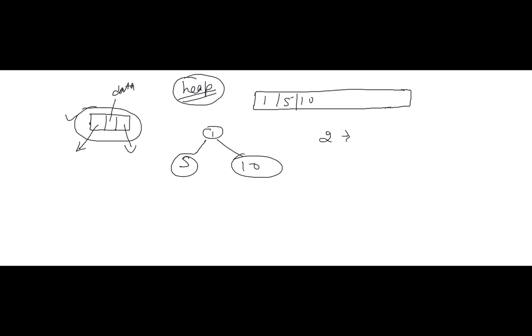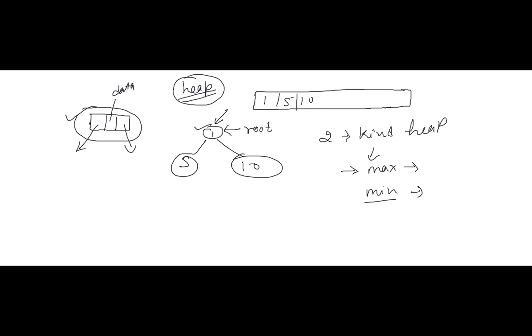One is max heap, which follows the max property, and another is min heap. We have this root. In a max heap, this element would be the maximum element among all the nodes. In a min heap, it will be the minimum one. That is the property.